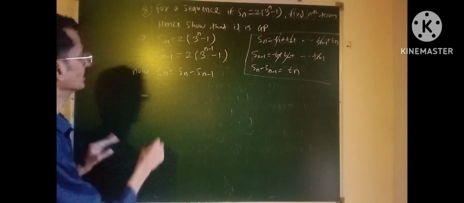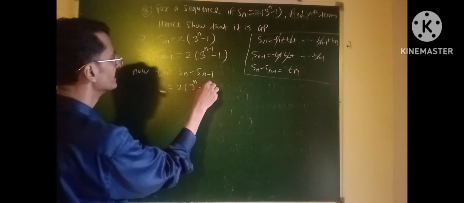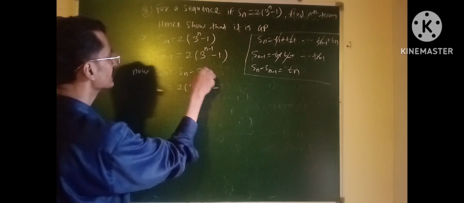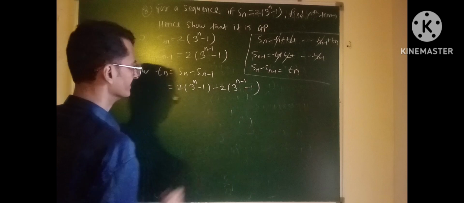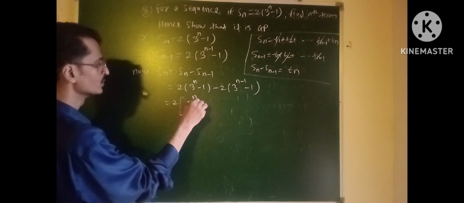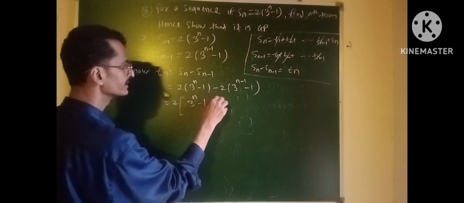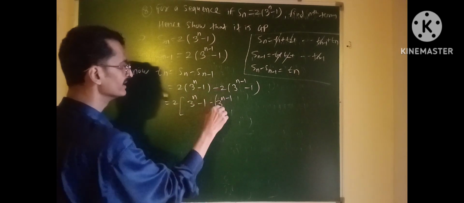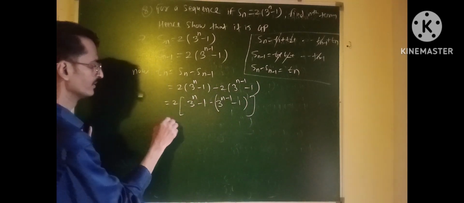So Sn is 2 into 3 raised to n minus 1. Sn minus 1 is 2 into 3 raised to n minus 1 minus 1. We can take 2 common.